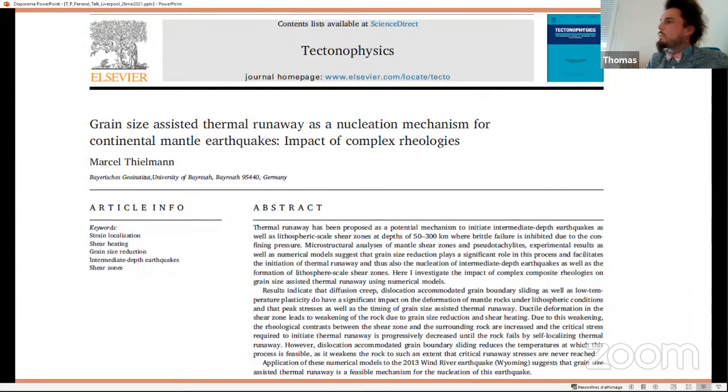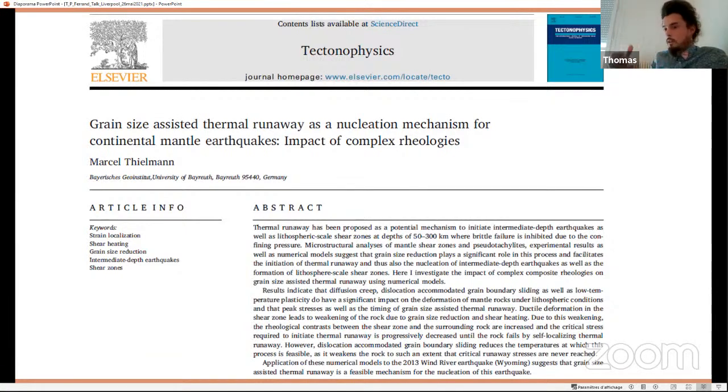I would like to talk briefly about this work from Marcel Thielmann. So in 2018, he proposed a numerical modeling model, and he showed that the grain size reduction is extremely efficient for the self-propagation of thermal runaway.